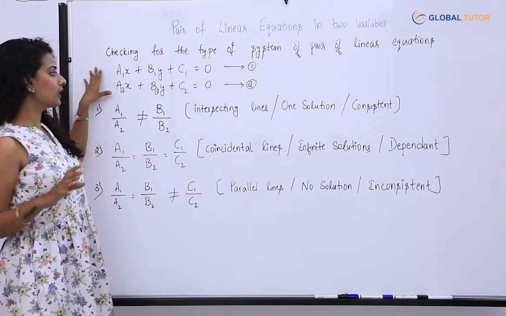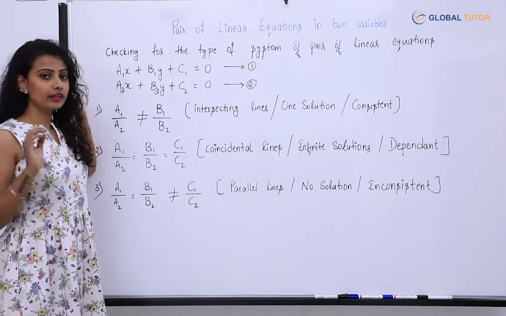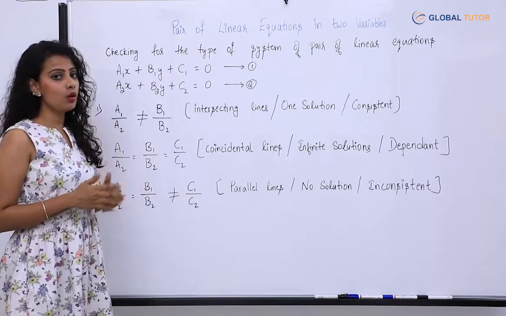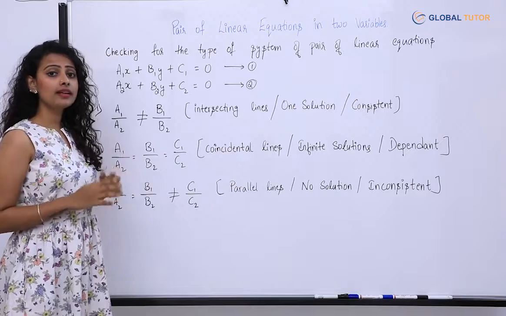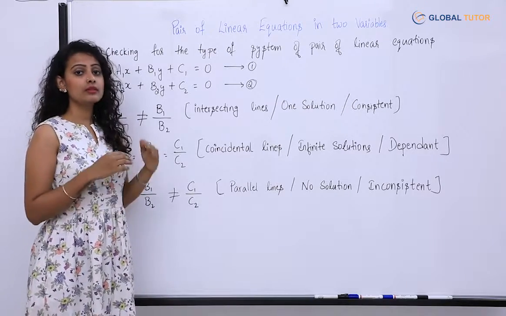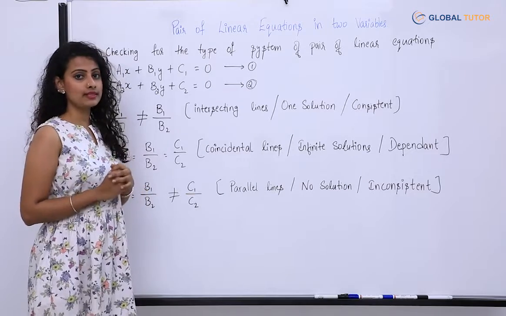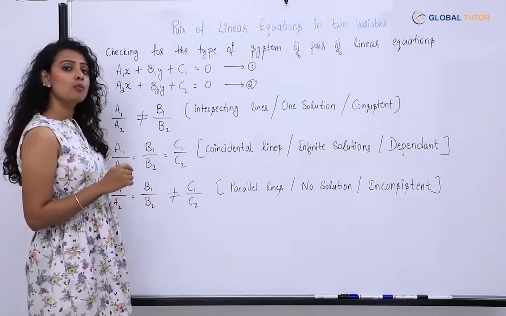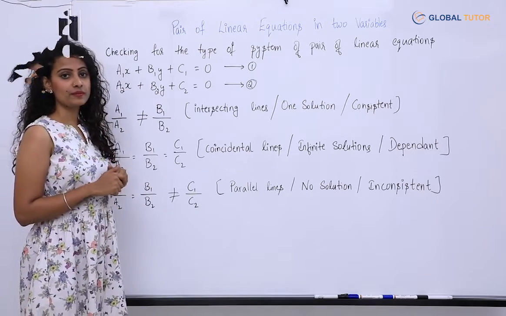One is we can plot them on a graph and then find out whether it is intersecting or coincident or it is parallel lines. But it is very time consuming. So we are not going to use that method. So there is another trick to solve this. How is it? By comparing the coefficients of both the equations.